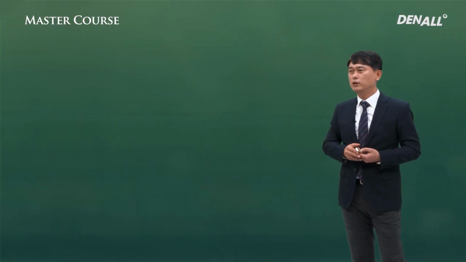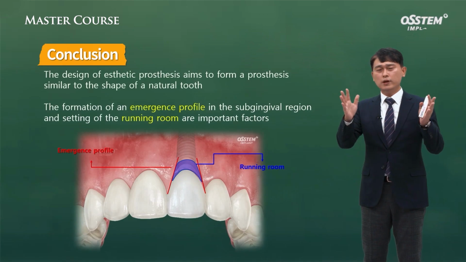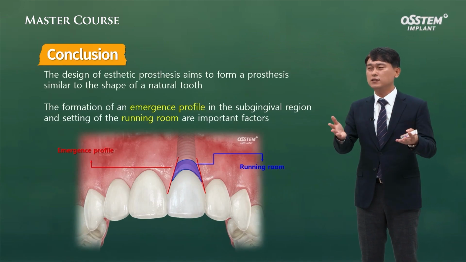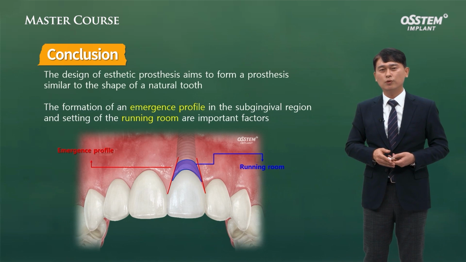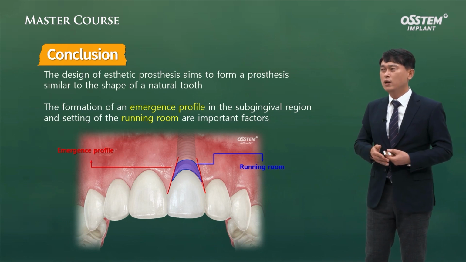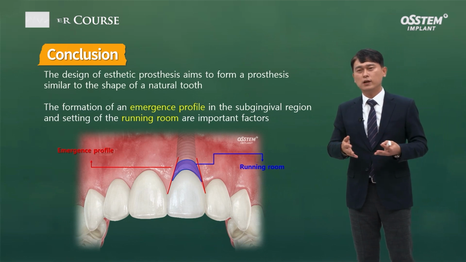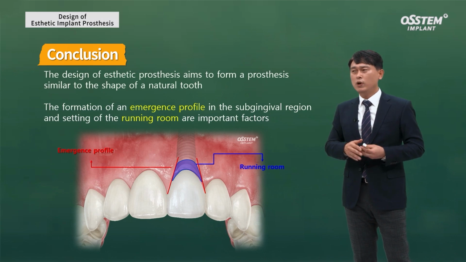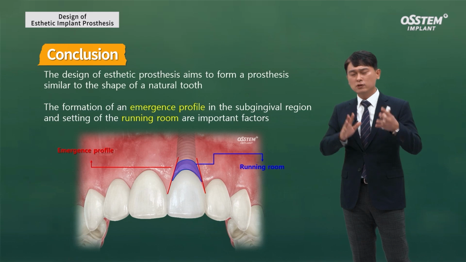Summary of today's lecture. You already know about the emergence profile. I briefly explained it, and I also talked about running room. These two go together. Emergence profile is not the only one you need to focus on.